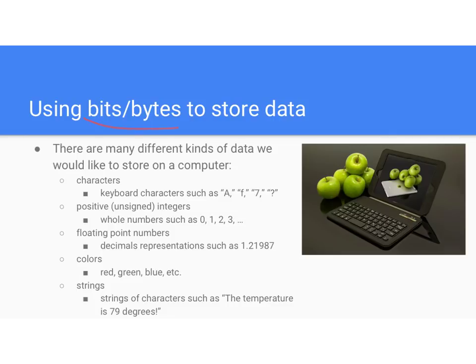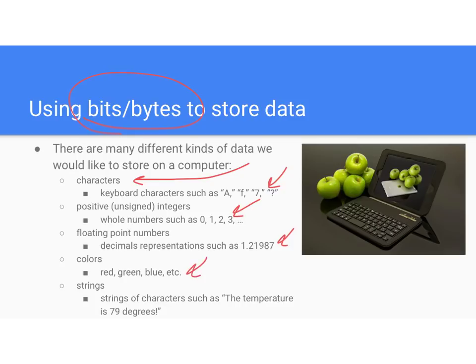So first, let's talk about using bits and bytes to store data. There's lots of different data that we like to store on a computer. Characters being the first. Keyboard characters, right? The letter A or the letter F or the letter 7 or a question mark. Positive integers. They're called unsigned integers because we're only allowing positives there, but 0, 1, 2, 3, etc. We want to be able to represent those using binary digits. Floating point numbers, decimals, like 1.21987. We want to be able to represent that decimal using bits on our computer.